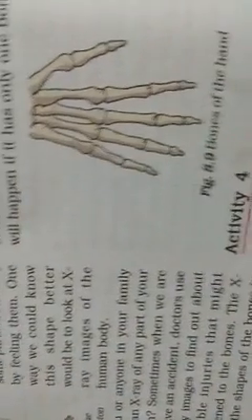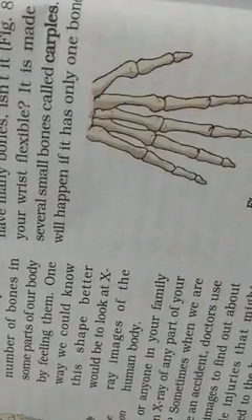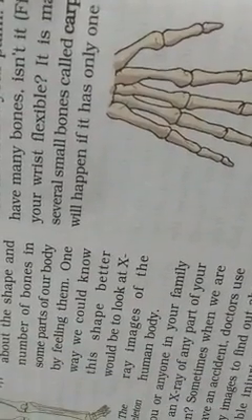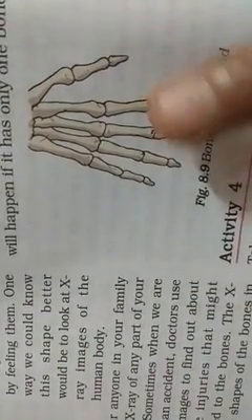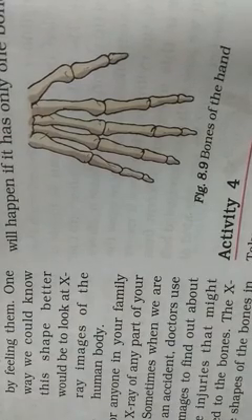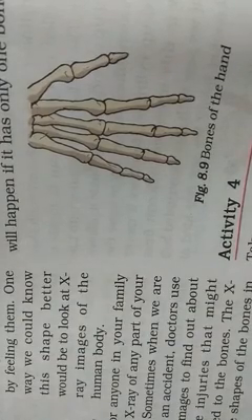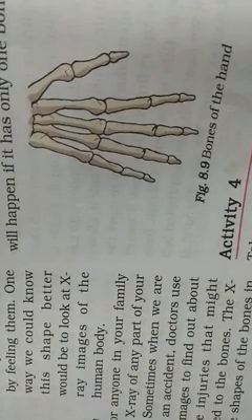Okay. So the bones of the hand. The hand is made up of several small bones called carpals. You can see these are carpals. See, it is very helpful for us. It is like a boon for us.